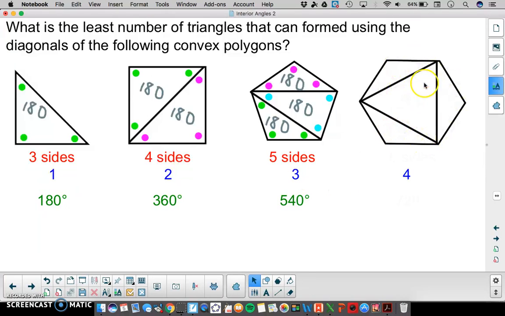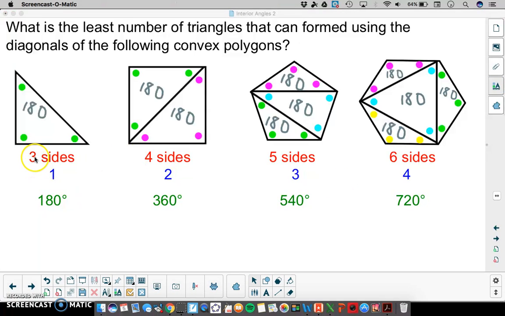For the hexagon, we have 4 of those triangles, so I'll have one set of angles here that add to 180, another here, and one more to make 4. So we have 4 sets of 180. So on a 6-sided figure, we're going to have a total of 720.